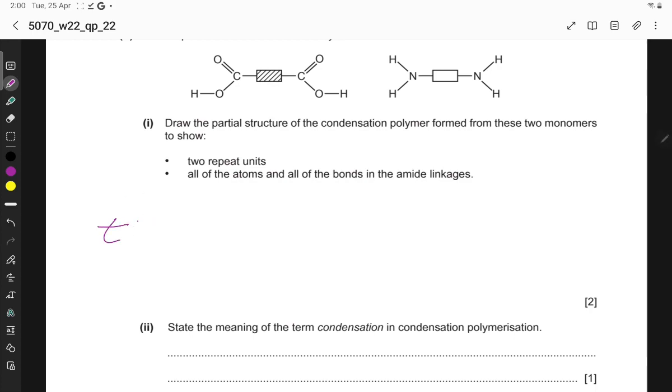This is the first, and the second repeat unit I have to write down.